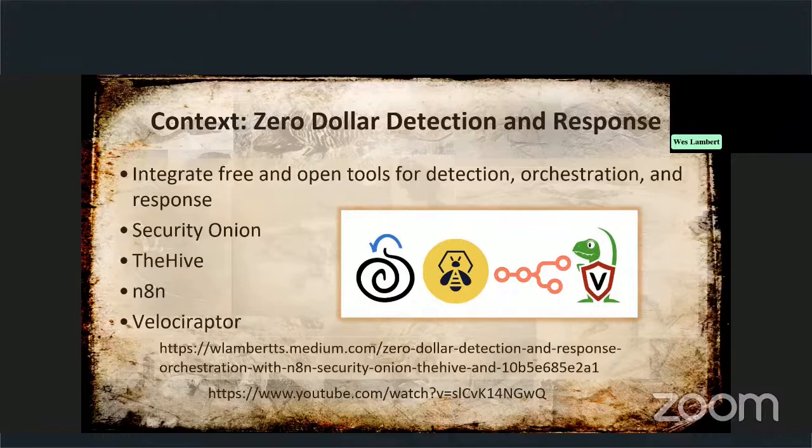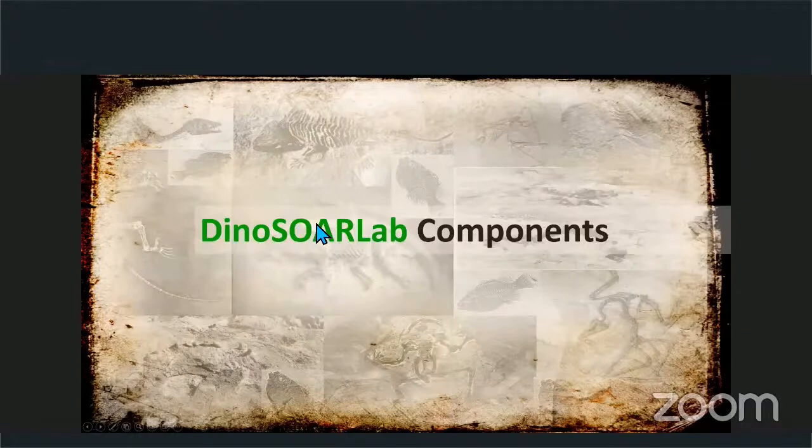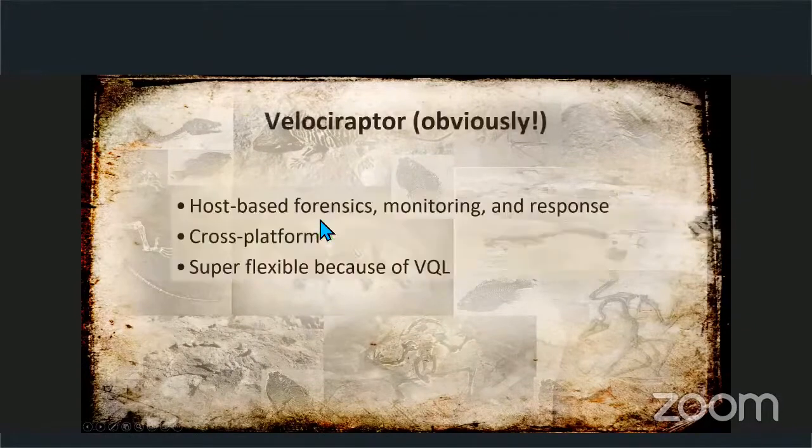It was really about integrating those free and open tools for detection, orchestration and response, showing folks how they might leverage these tools in their enterprise, tying these different things together, performing different actions, and getting more context around data. This is based off of that, with some architectural changes based on how Security Onion has changed. So we'll get into the components here.